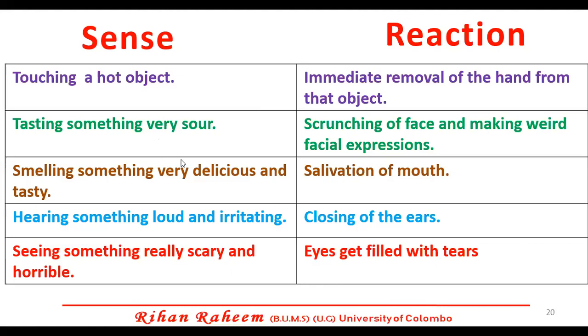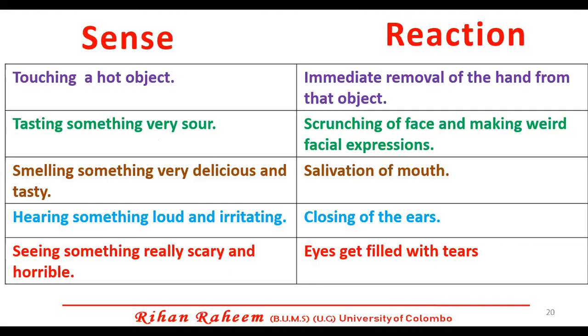Next one, tasting something very sour. Sour means puli. In Sinhala, we'll say ambul. Now this you can do if you have small kids at home, 1 year, 2 year. You take a lime, and cut it and keep it on that small child's tongue. What will happen? The face will become like something, no?